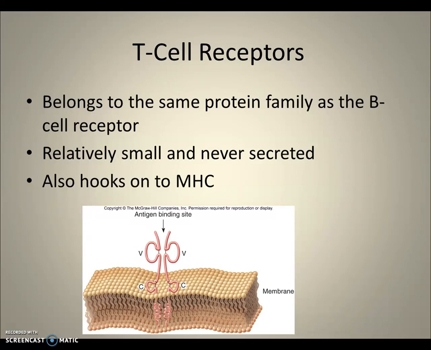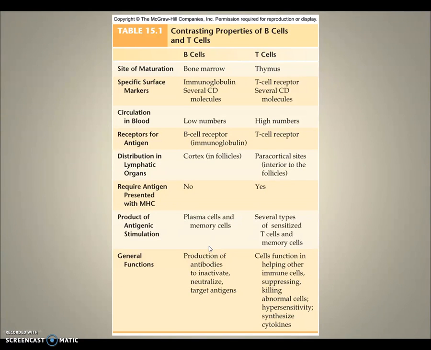And then it's also got a hook onto that major histocompatibility complex. So here's the binding site. It does have a variable region, just like the B cell, and then it's got this constant fragment that is bound within the membrane. But then there's also a little piece, so if the antigen presenting cell comes in right here, there's a piece that grabs onto major histocompatibility complex.